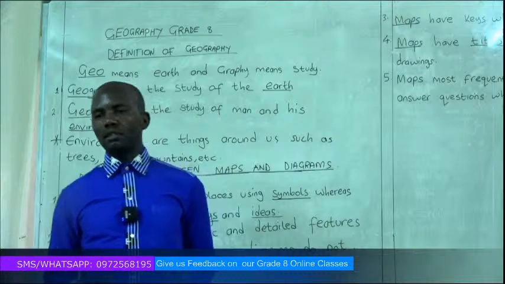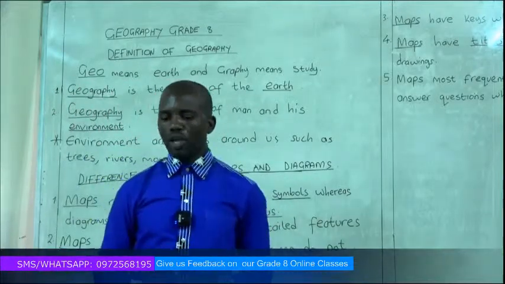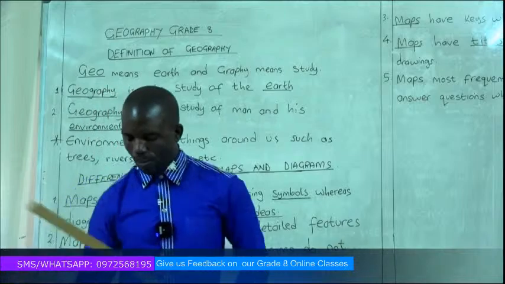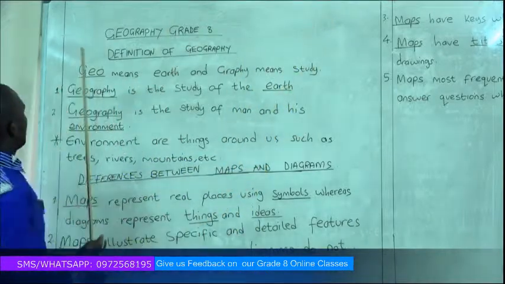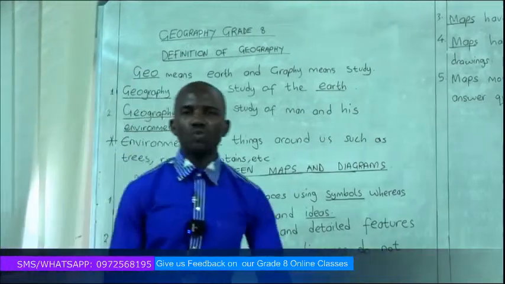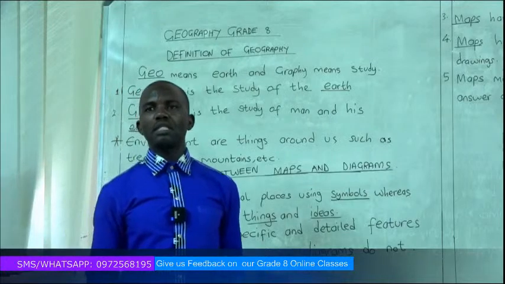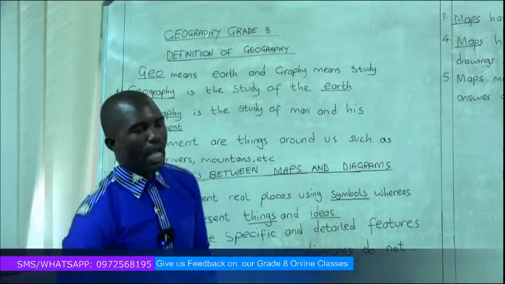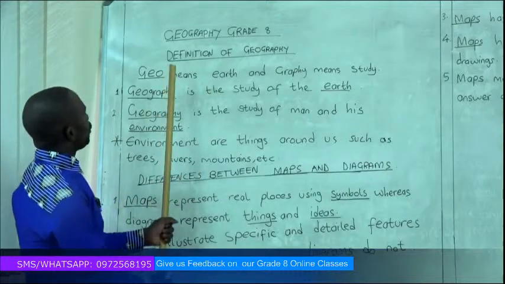As you can understand, geography comes from two words. We have the word geo, G-E-O. Now, someone might ask, what does the word geo mean? Geo means earth. Then the other one is graphy, the last part of the word geography.